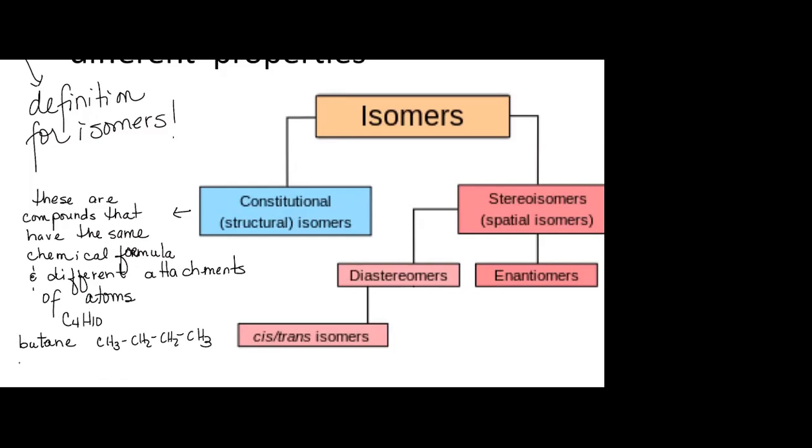And if you look at another molecule like 2-methylpropane, which is written as CH3, CH, CH3, CH3, you will say butane and 2-methylpropane are constitutional isomers of each other.